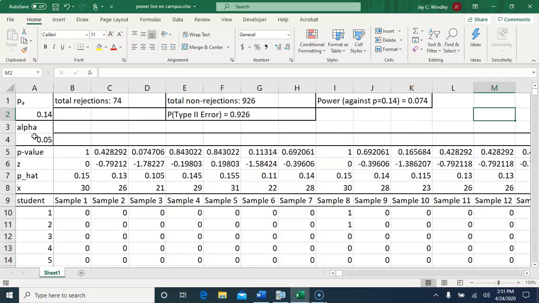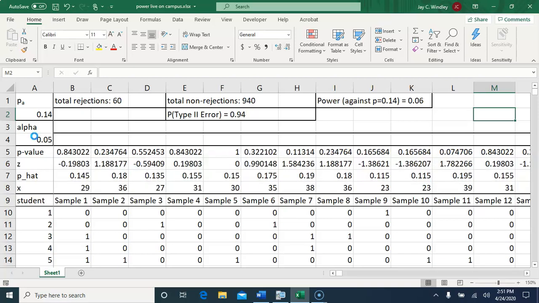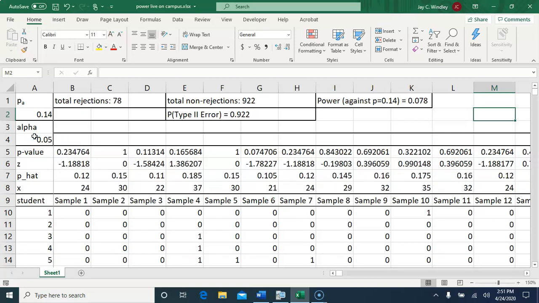Okay, now 7% of the time, 6% of the time. So I'm not very often rejecting the null hypothesis because 0.14 is really close to 0.15. So the power of my test, the probability that we would reject the null hypothesis when p is really 0.14, is about 7%.